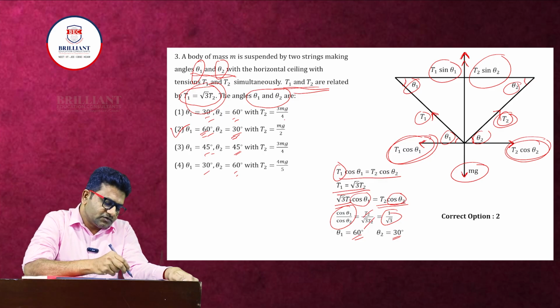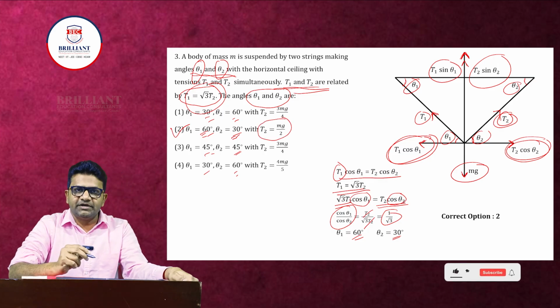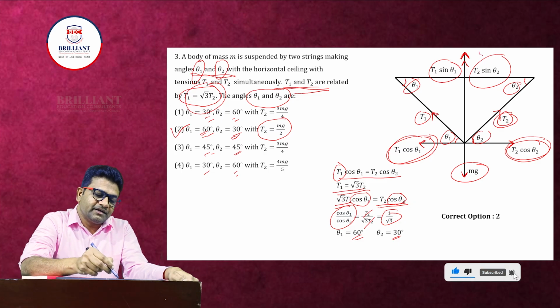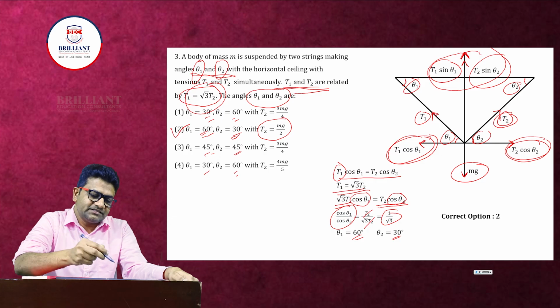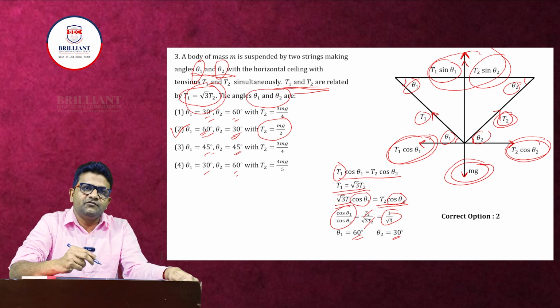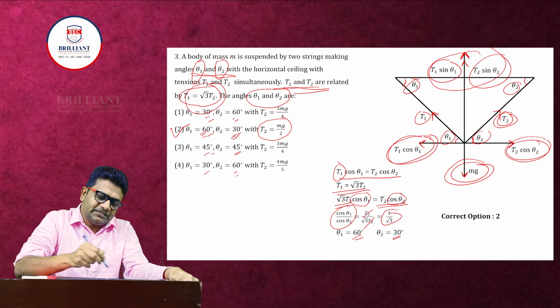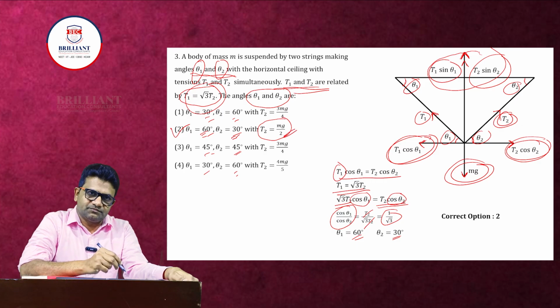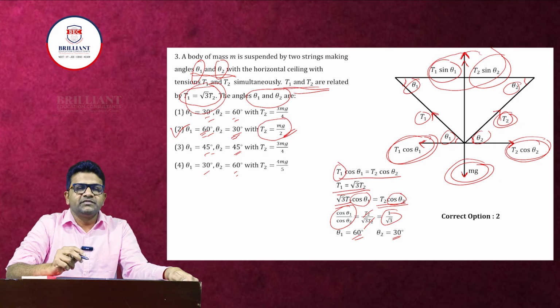But here it is also given that T2 equals mg by 2. We have to find that also, from balancing the vertical forces: T1 sin theta 1 plus T2 sin theta 2 is equal to mg. If you solve that, you get T2 equal to mg by 2 also. So the correct option is 2.